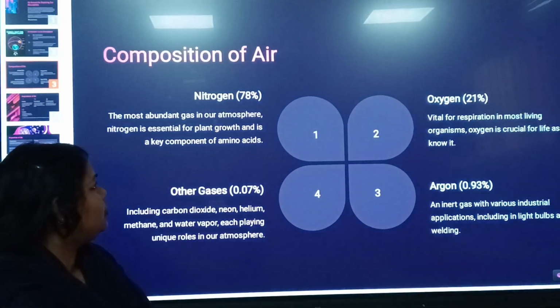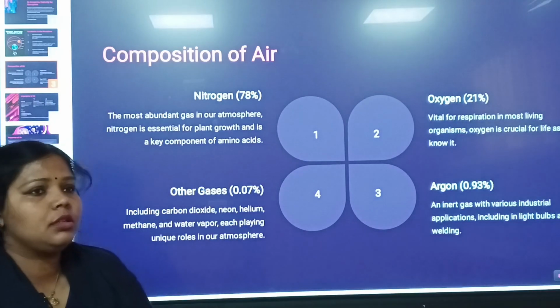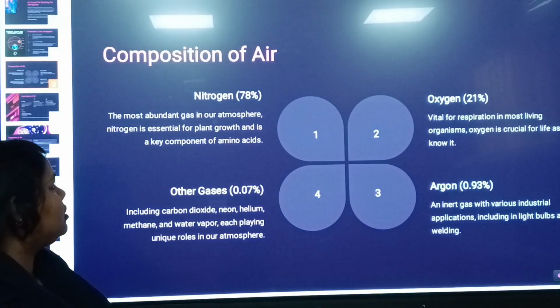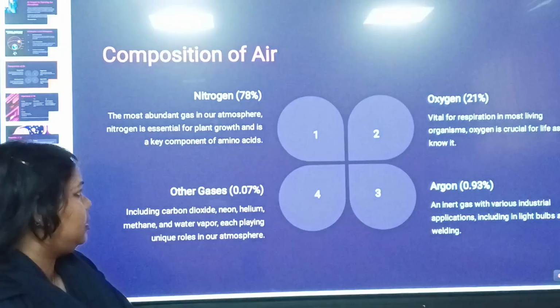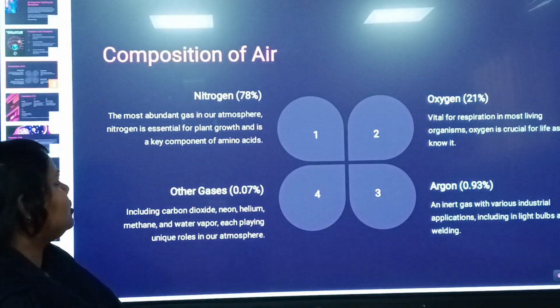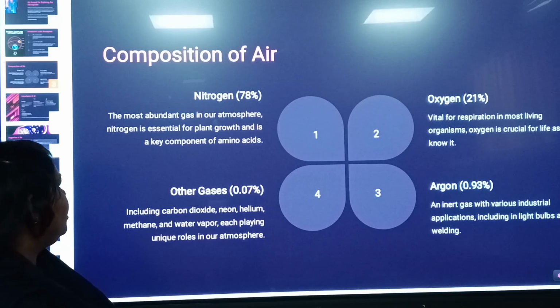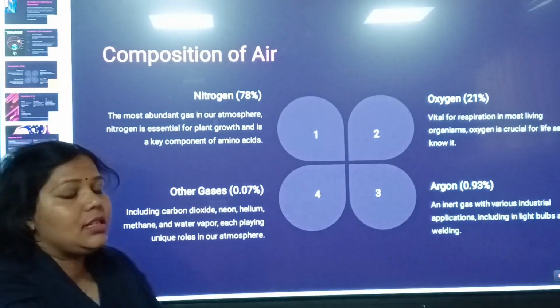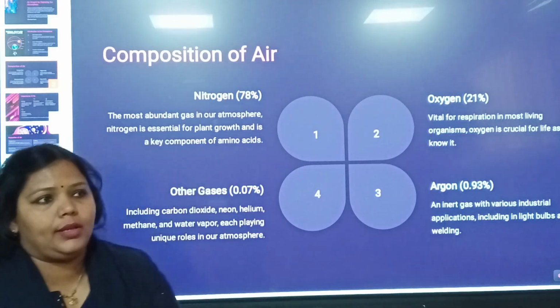The most abundant gas present in the atmosphere is nitrogen. Nitrogen helps in plant growth, and it is a key component of amino acids.